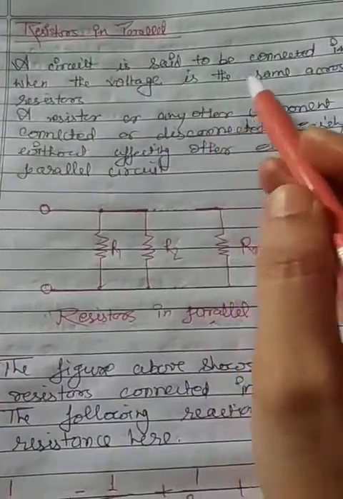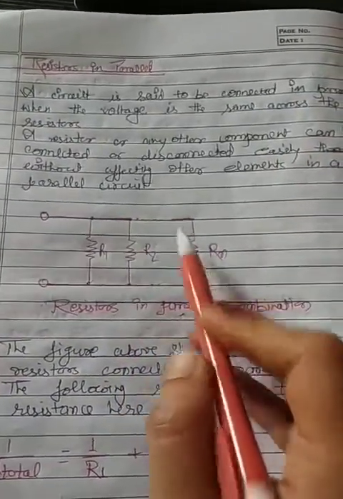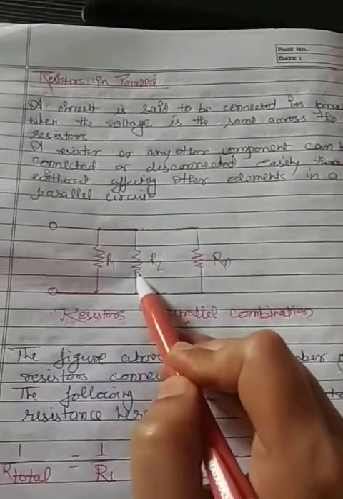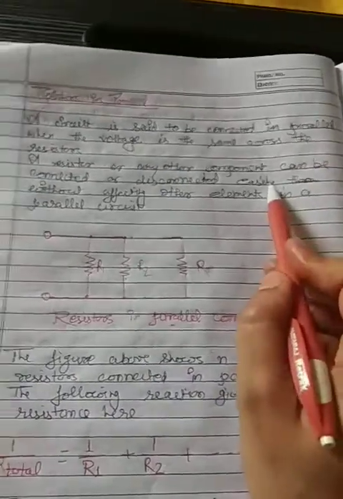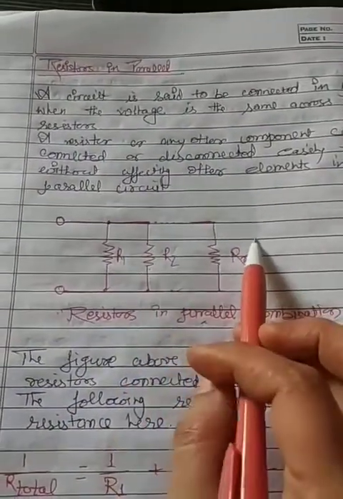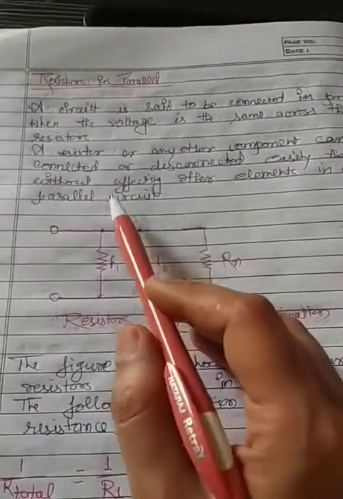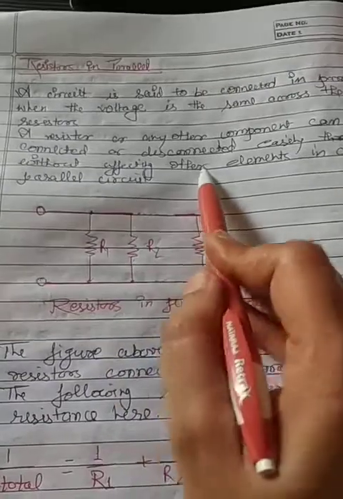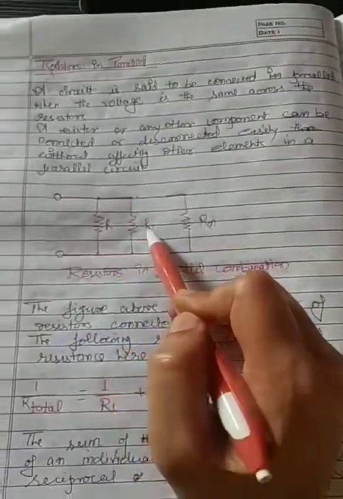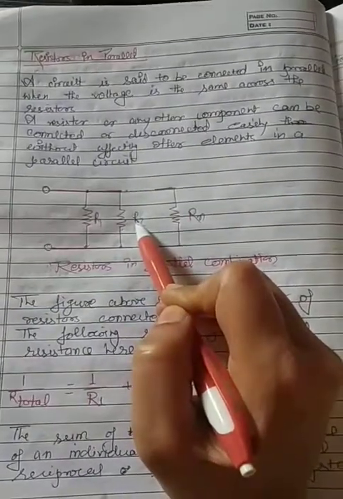Now resistors in parallel. A circuit is said to be connected in parallel when the voltage is the same across all the resistors. A resistor or any other component can be connected or disconnected easily without affecting other elements in a parallel circuit.